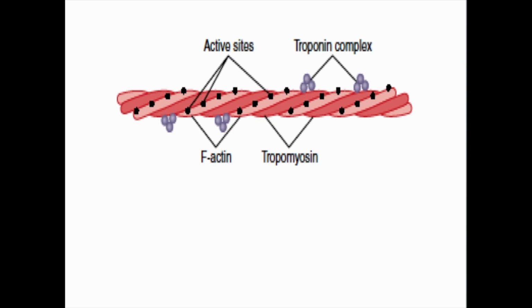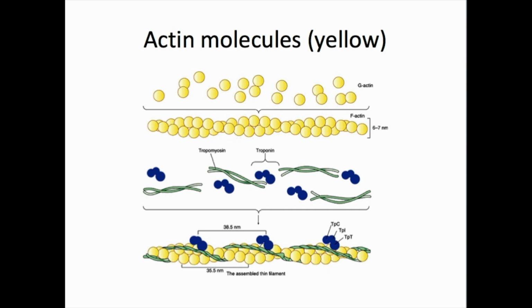The actin molecules are composed of F-actin molecules and G-actin along with its ADP. The backbone of the actin filament is a double-stranded F-actin protein molecule.